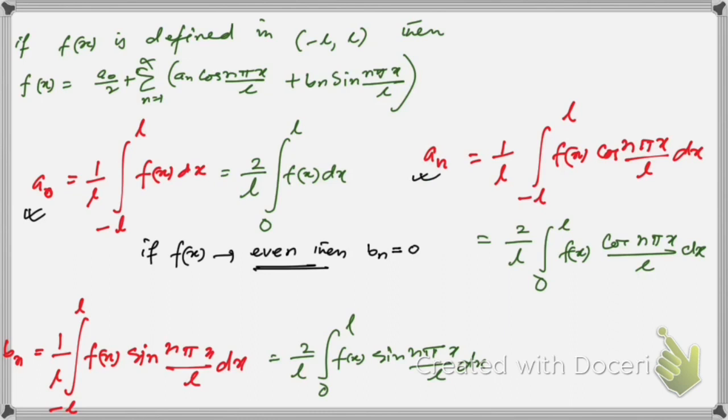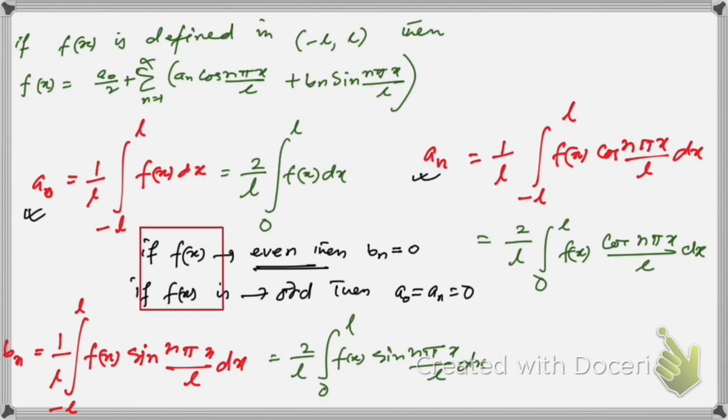And next condition, if f of x is an odd function, then we take only bn, and a naught and an are equal to 0. We don't need to calculate these two values. So remember these things, these are very important points.